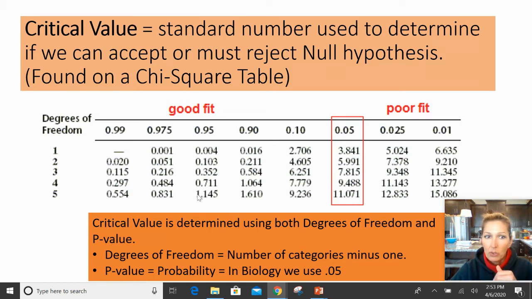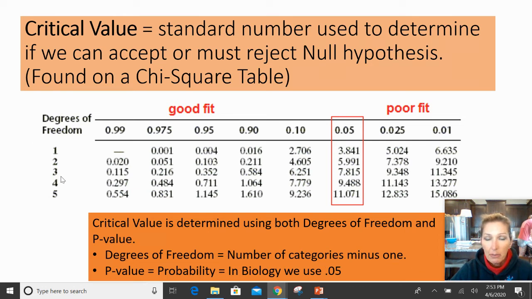So my degrees of freedom then are my number of categories minus 1. So in this particular case, if I was comparing my yellow versus green, or my round versus wrinkled, my degrees of freedom in those situations would be 1. Number of categories minus 1 is my degrees of freedom.